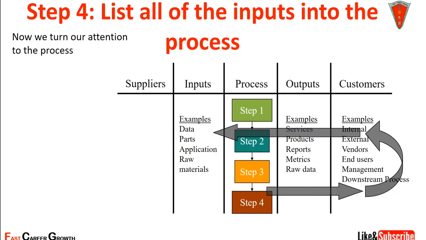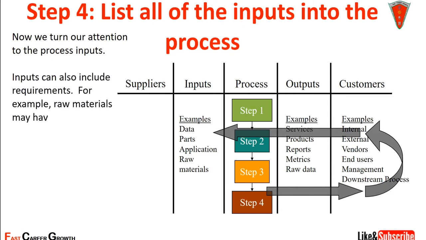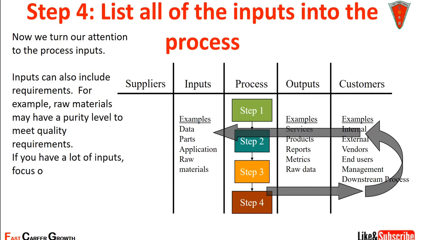That means we have to turn our attention to the process inputs. Inputs can also include requirements. For example, raw materials may have a purity level to meet quality requirements. If you have a lot of inputs, focus on the critical few. List the inputs on the diagram.